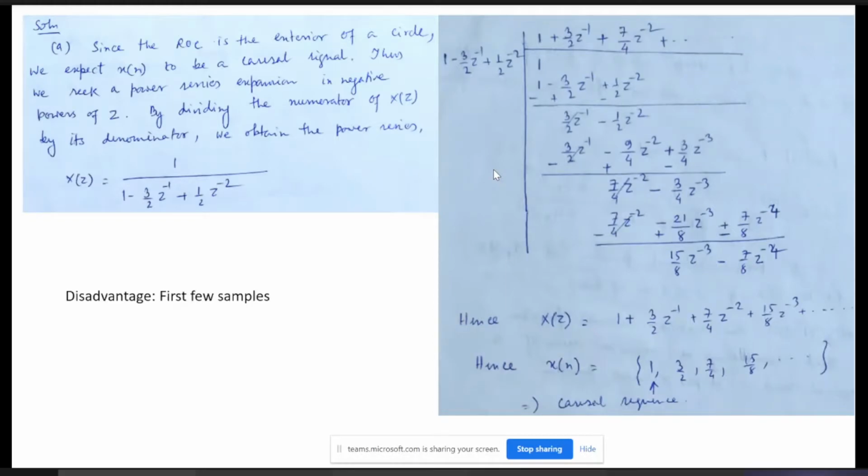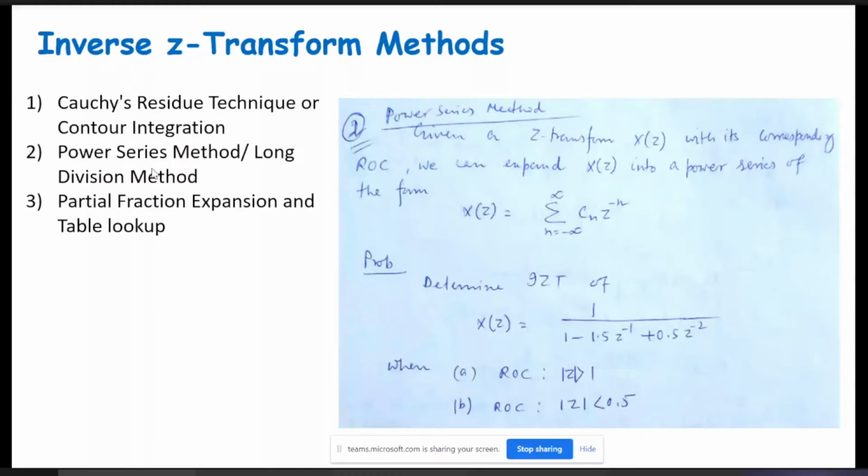The advantage is that we directly get the sequence, but we get only the first few samples. So this is the drawback of the power series method.